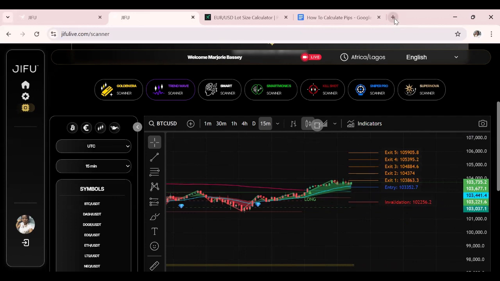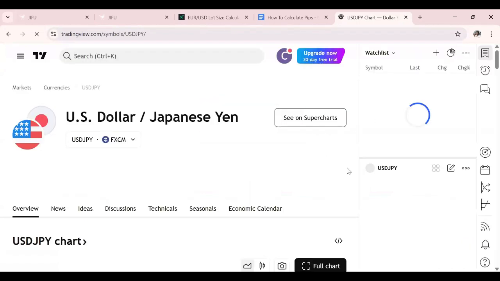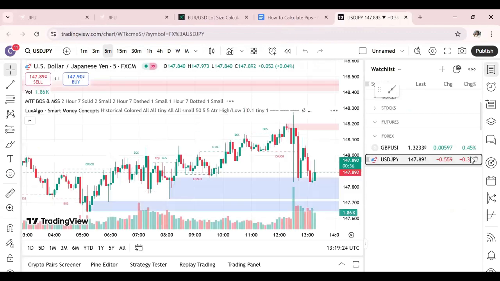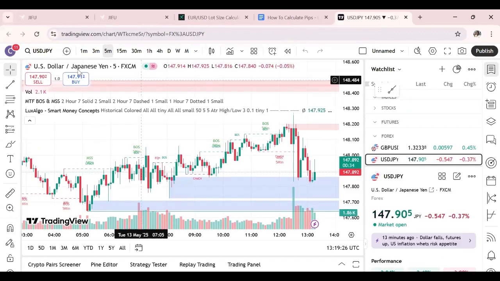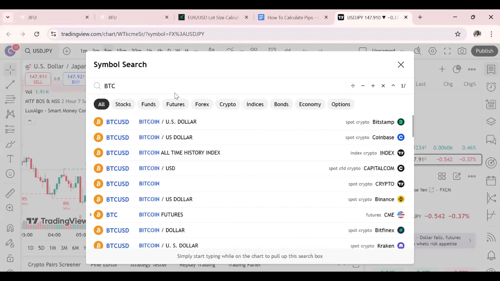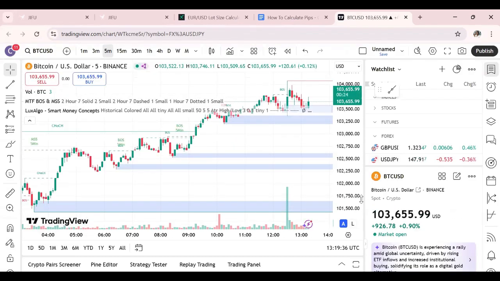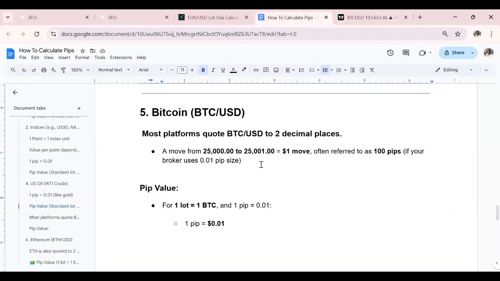On TradingView, we have two decimal places for BTC. Yeah, it's always quoted with two decimal places. So that is how it moves.